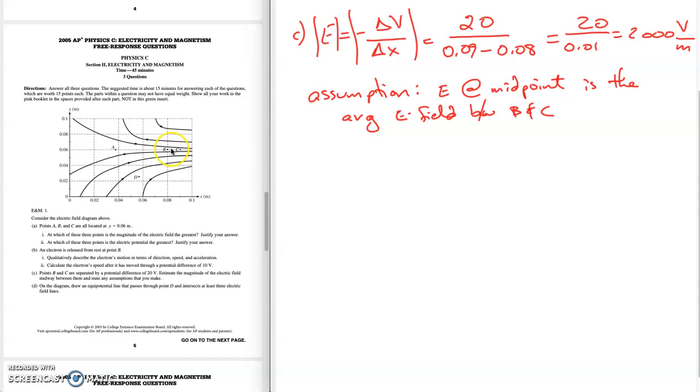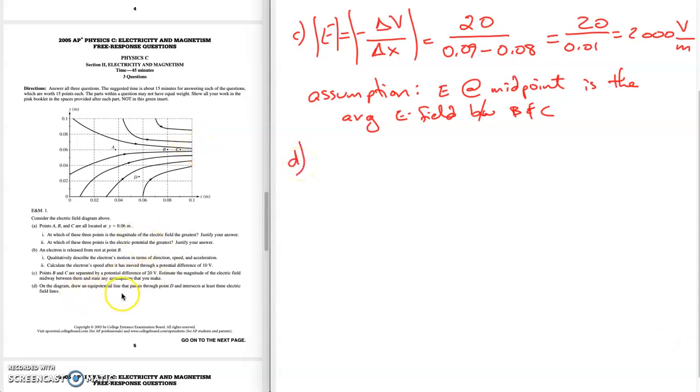So it's at the midpoint. We don't know, is this the actual average or is it a little bit less than the average because there's less on this side, more on that side. We don't know if this is a linear change in there. So we're just assuming that the midpoint is the average, and we can do that because in this region it's roughly uniform.